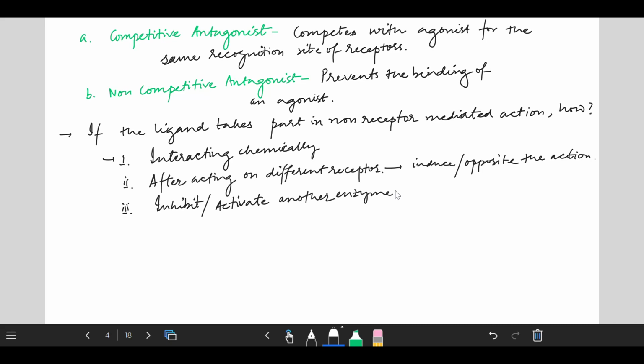Clear? Now we need to clear about three terminologies remaining.